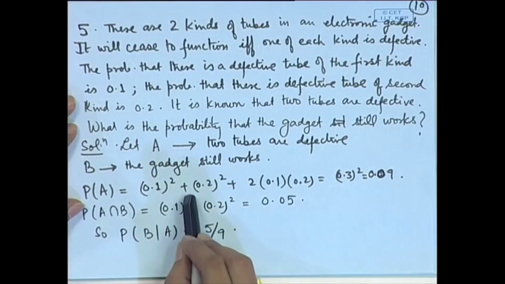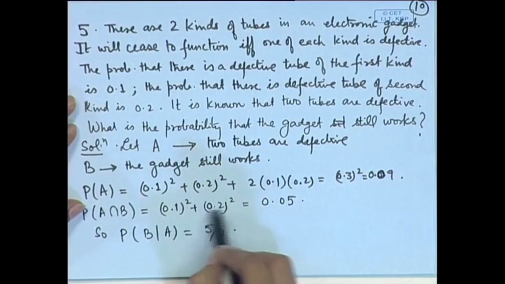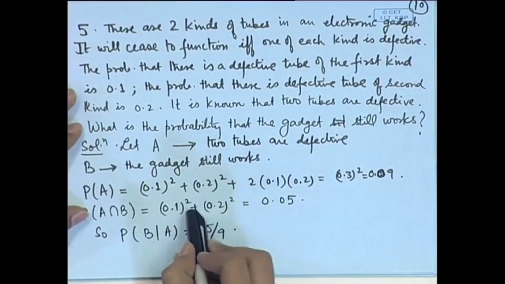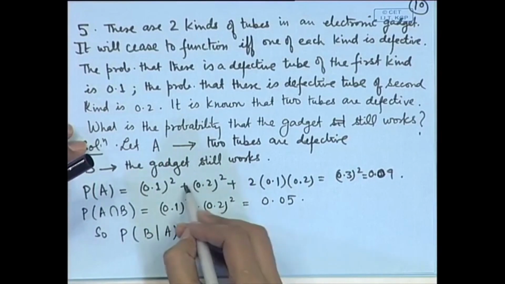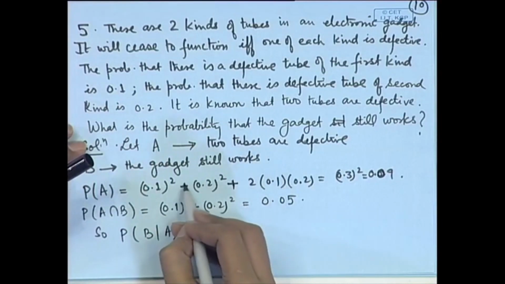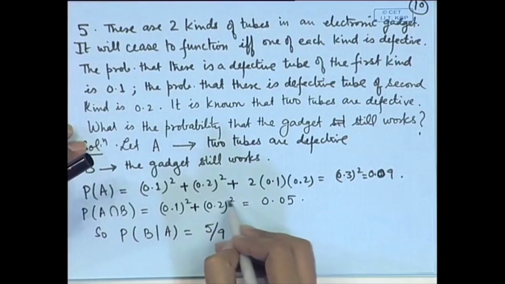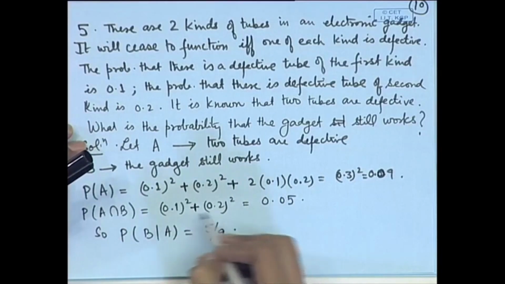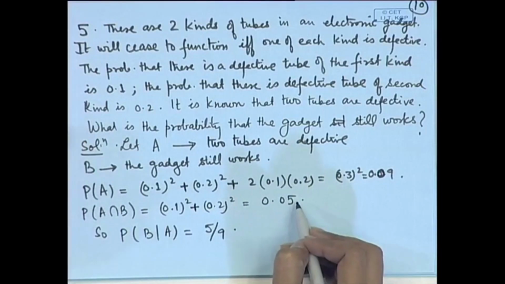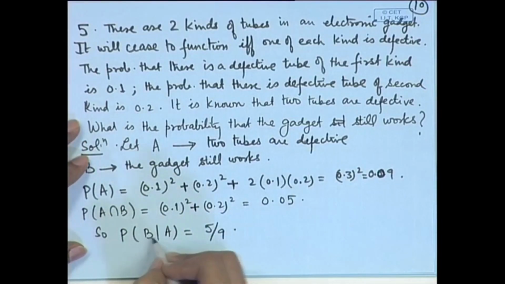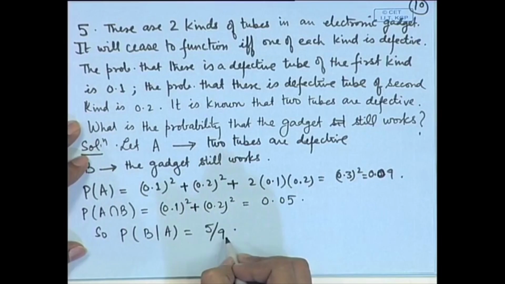Therefore, both defects are either of the first kind or both are of the second kind. So, here we have made use of the fact that probability of union is equal to sum of the probabilities of disjoint events, and we have made use of the concept of independence. If we add this, after simplification, this turns out to be 0.05, and therefore, the conditional probability of B given A is equal to 5 by 9.